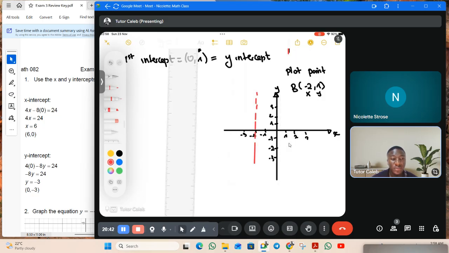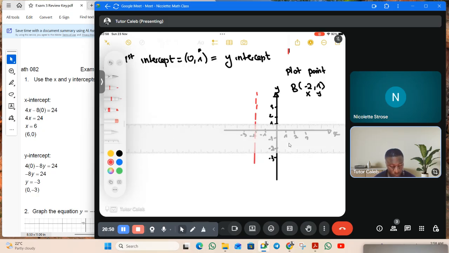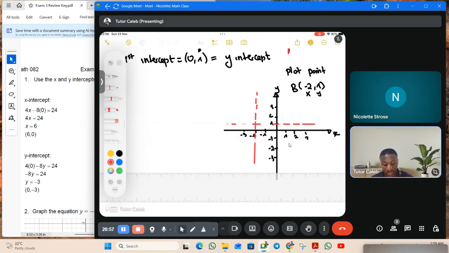Now the y coordinate is 1. We'll draw a horizontal line at 1. Now wherever these two lines intersect, we're going to have our point B. Now you see that they intersect here. Would you agree?